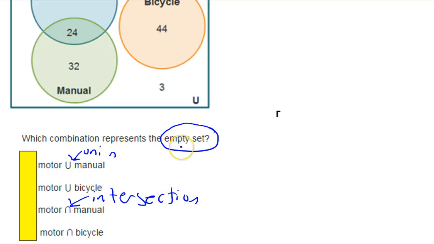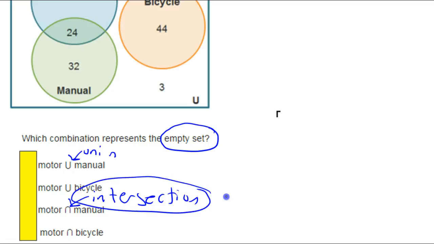If it's going to be the empty set, then we're looking for there to be no overlap. So really, as soon as I see we're shooting for the empty set, I'm thinking intersection.